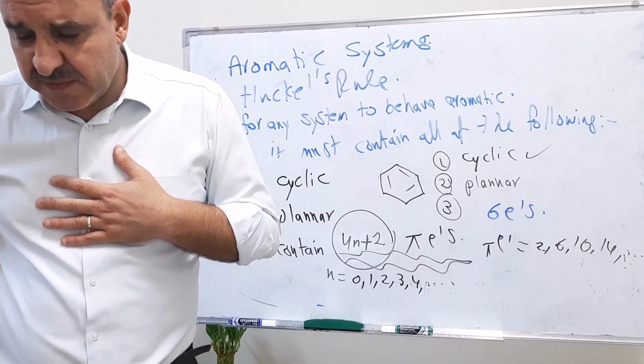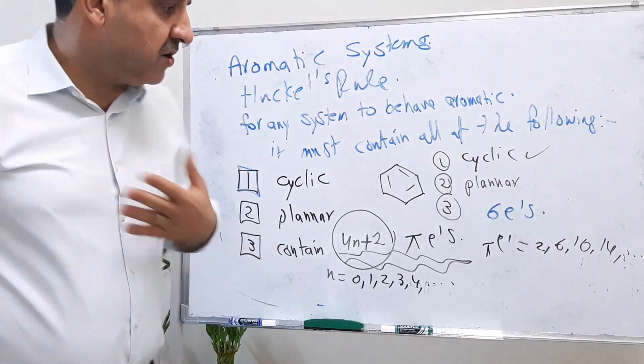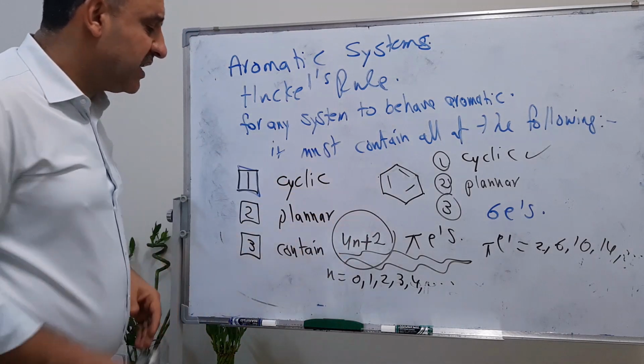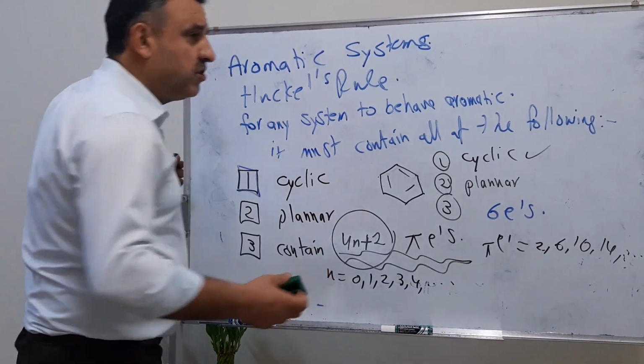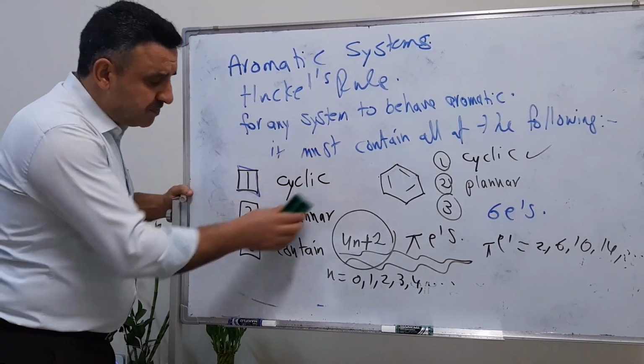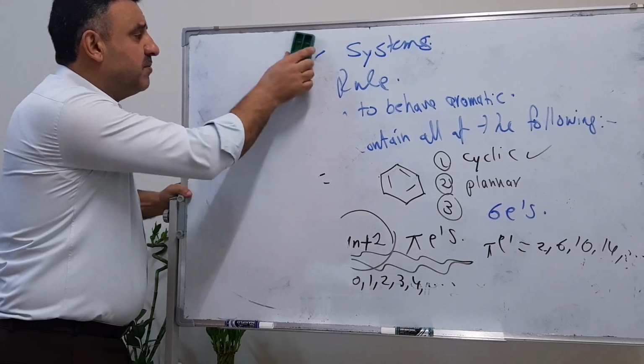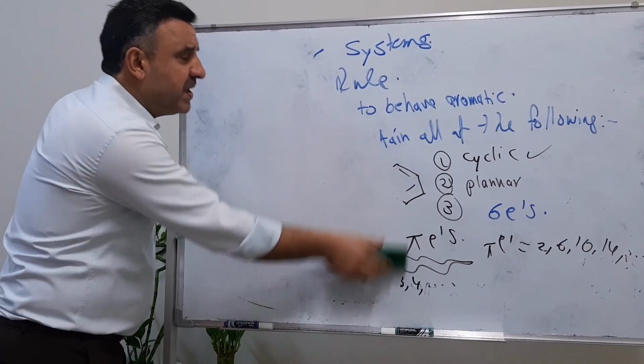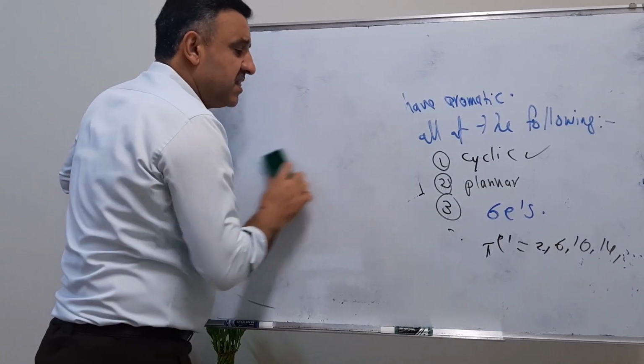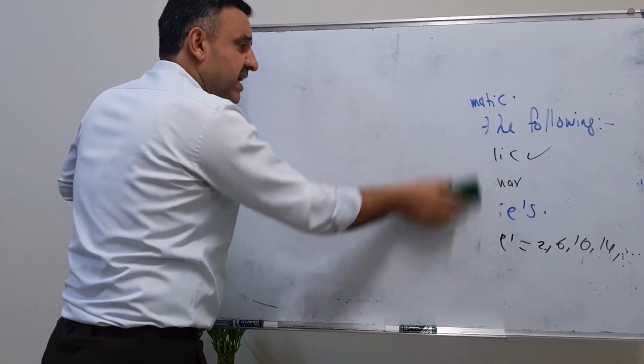Is that clear? Clear, Doctor. So that's actually the reason why the cyclic system. Now let's see, do we have other systems which behave like the benzene system or not? If we have to consider them as aromatic, they must follow the same rules.